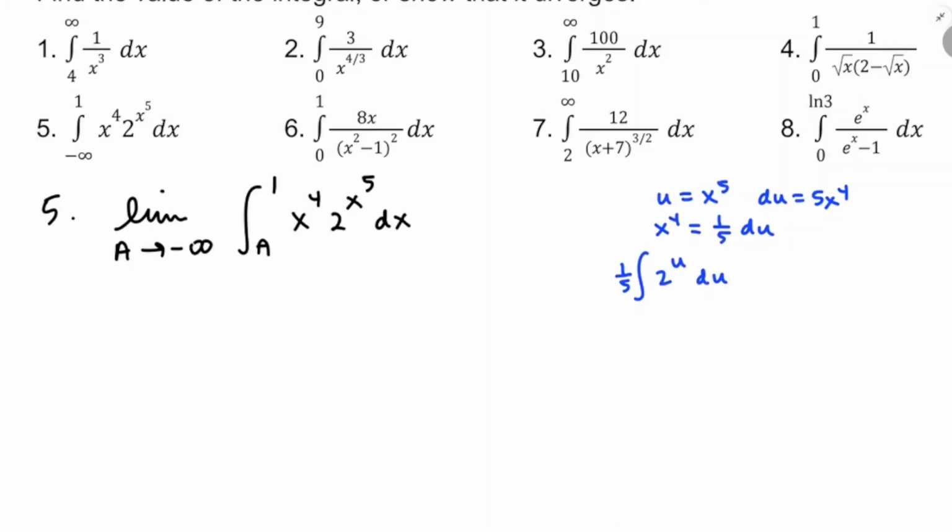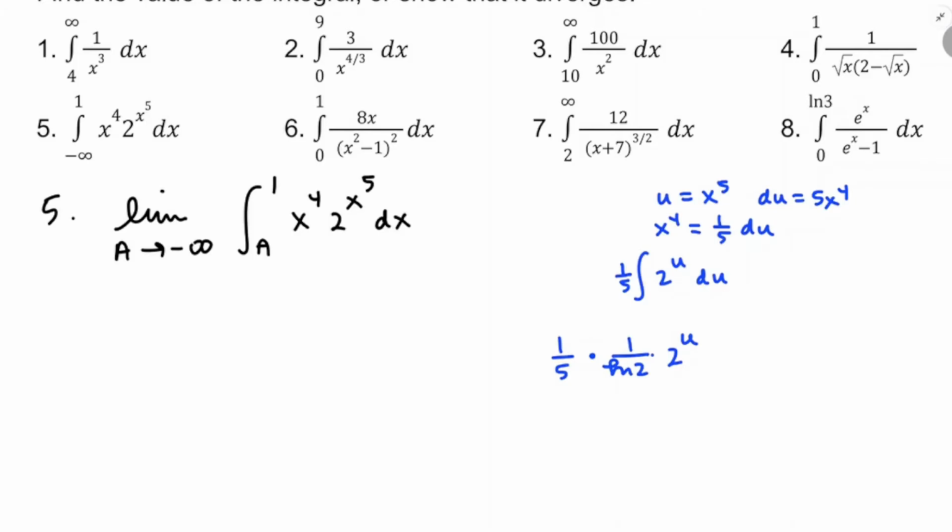Okay. Remember, the antiderivative for 2 to the u with respect to u would be 2 to the u divided by natural log of 2. That's a formula we just need to know. Now we've also got a 1/5 there. Okay, so that's what it is.